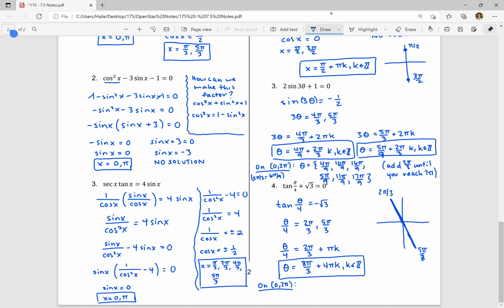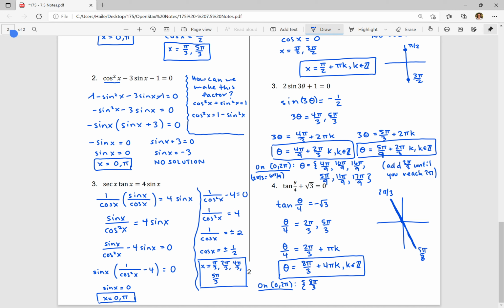On 0 to 2 pi, remember we want to start with that fundamental solution that's in our general solution. So we're going to start with 8 pi over 3. And we ask ourselves, if we add 4 pi, what happens? If we add 4 pi, that's clearly going to be bigger than 2 pi because we're adding more than 2 pi to begin with. Same if we were to subtract 4 pi.